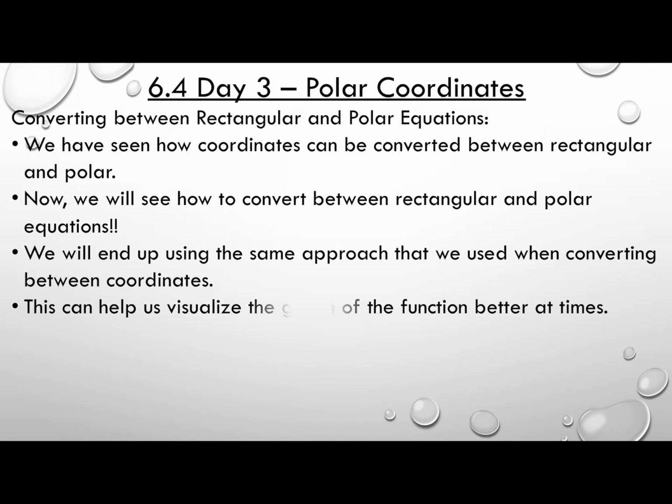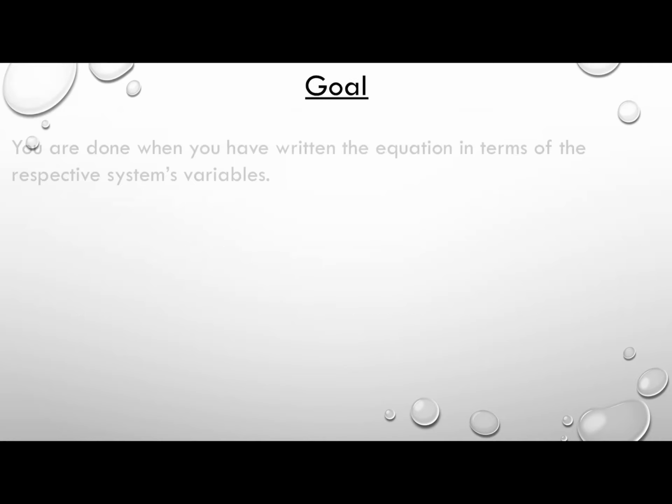Okay. All right, so the approach that we're going to take today is going to be very similar to our previous lessons where we converted points from rectangular to polar and vice versa. So we're going to be using the same formulas that we learned in the previous lessons, but this time we're going to be working with equations, okay? So goal.